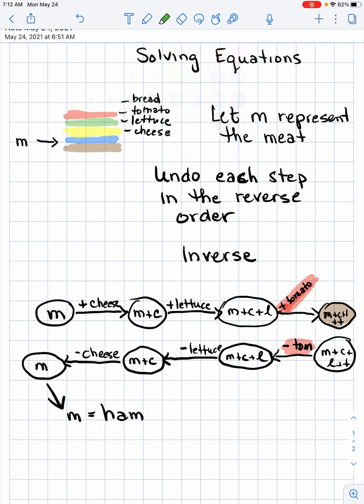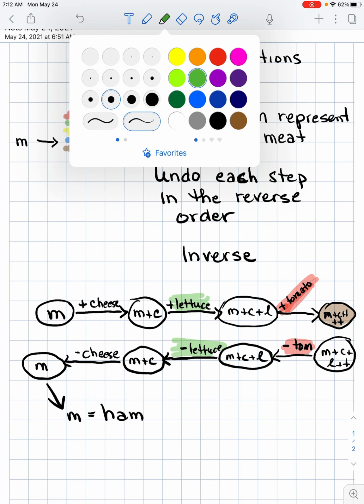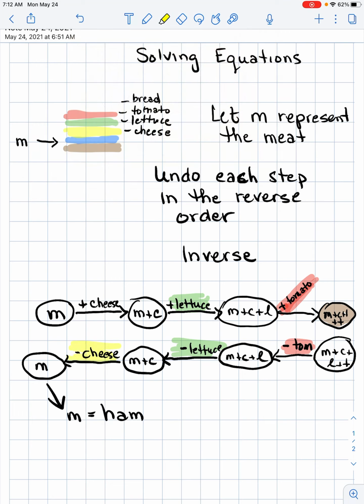Okay, and then the next thing we did was we took off the lettuce, which was the inverse of adding the lettuce. And then we took off the cheese, which was the inverse of adding the cheese. So we undid each step in the reverse order. And that's going to be super important for when we solve equations.